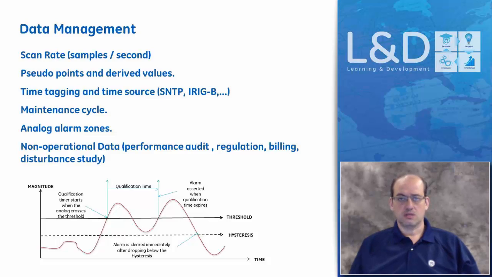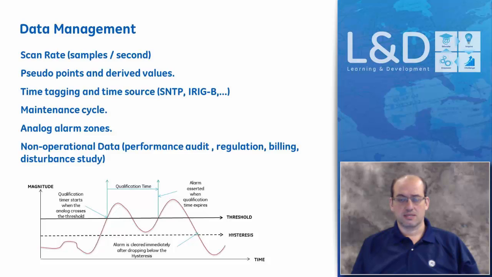And once you deal with many substations and much data coming from different sources, there comes the need for comparing this data. In order to do proper comparison, you would need the data to be properly time tagged. A time source has to be identified, and there are many time sources in the market today.